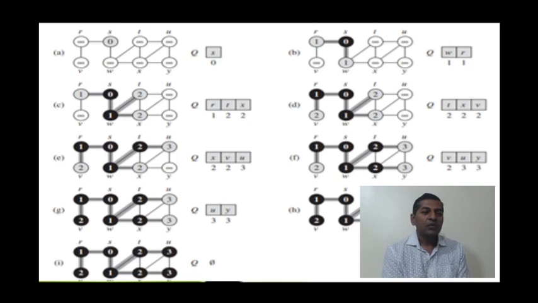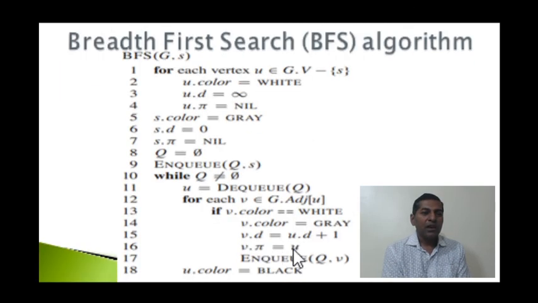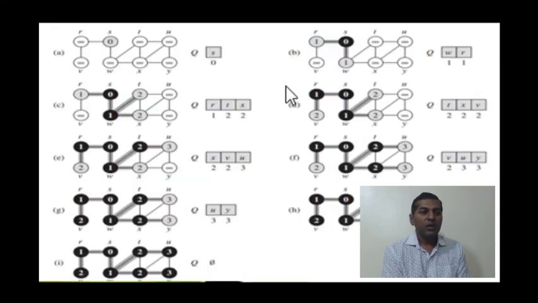Now we dequeue and get the next element from the queue. The element we dequeue is W. All the adjacent vertices of W that are white, let's make them gray.